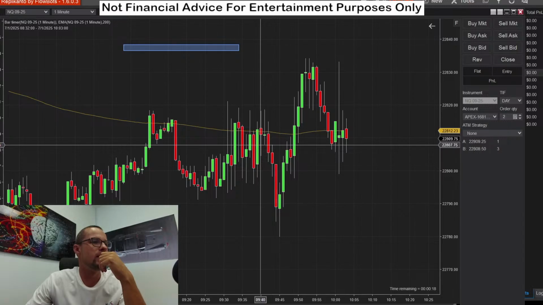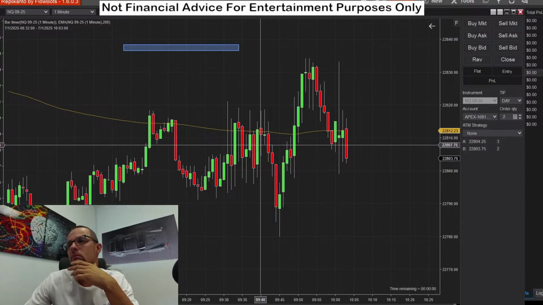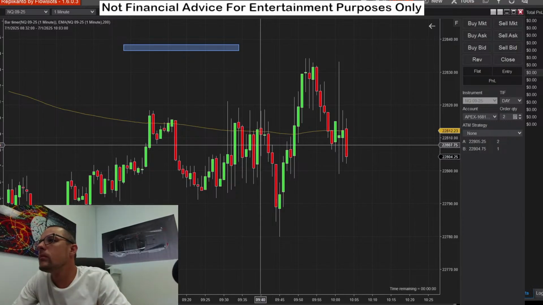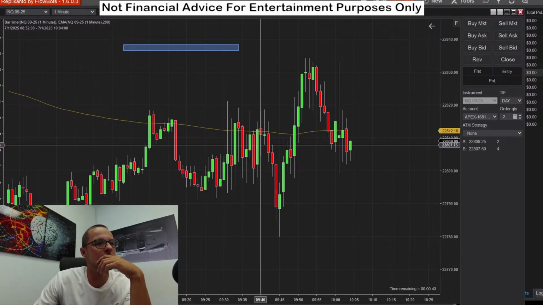So there's always this bouncing around VWAP until sellers take it over or buyers take it over, then it just starts going in one direction. All right, let's see. Come on.